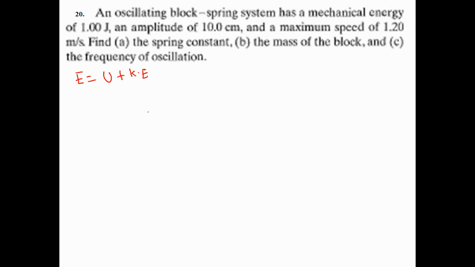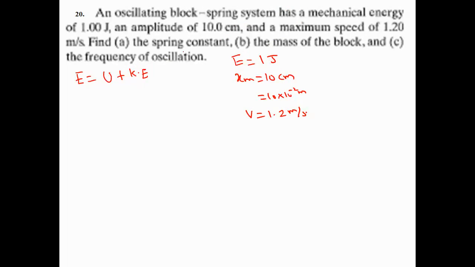Am I right? Okay, so now you can see here, I have the mechanical energy. The value of the mechanical energy is given as 1 joule, and it produces an amplitude xm value of 10 centimeter. So I can convert it to meter, 10 to the power of minus 2 meter, and it has the maximum speed. The maximum speed V is given as 1.2 meter per second.